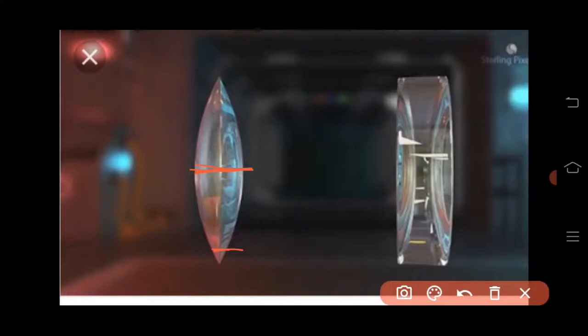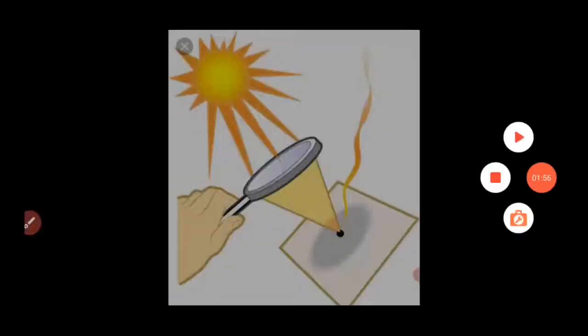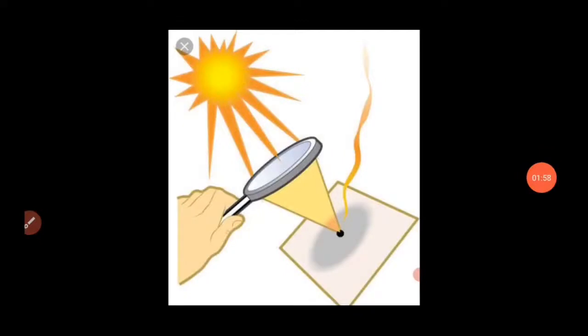A convex lens is thick at the center and thin at the edge, and a beam of light passing through it converges to a point. So a convex lens is also called a converging lens. Students, this is the convex lens.